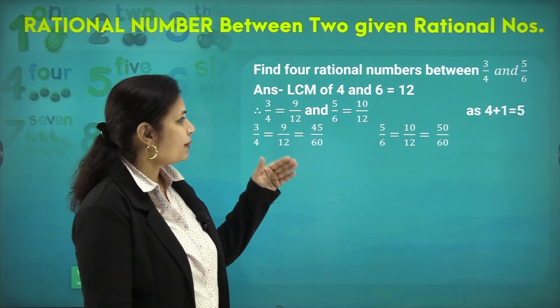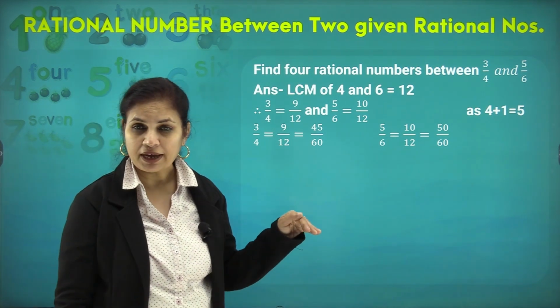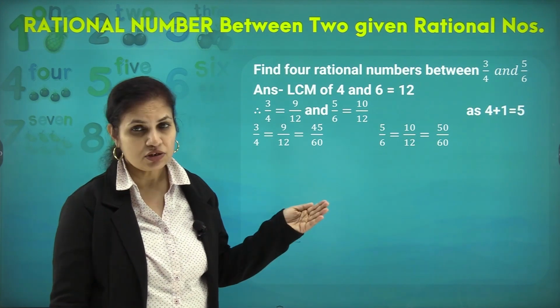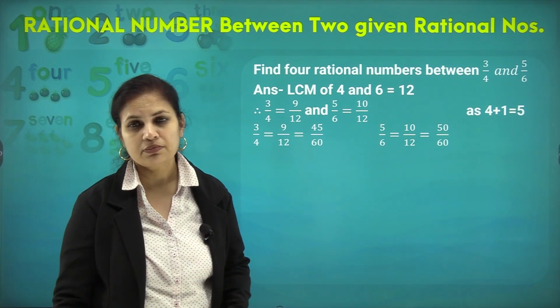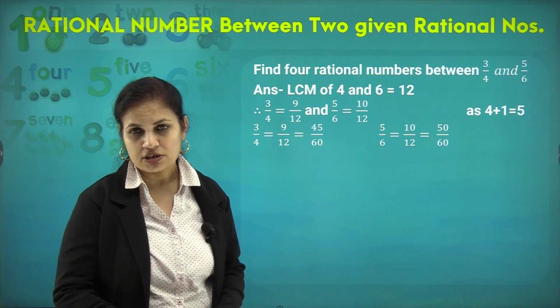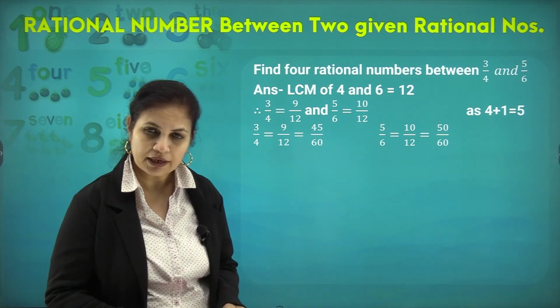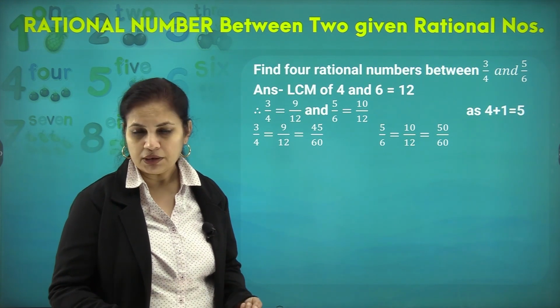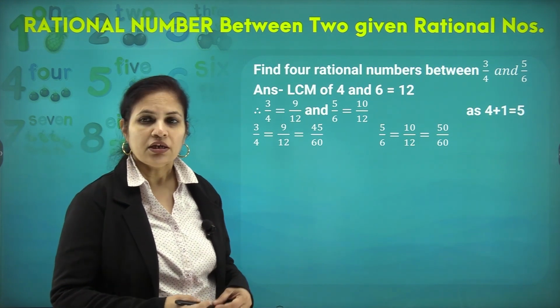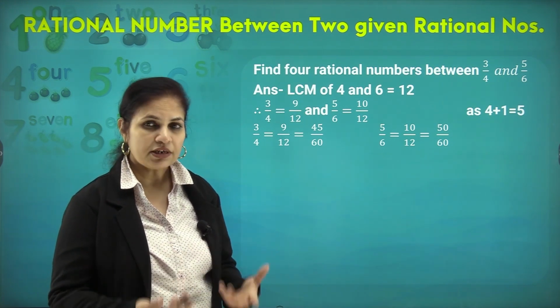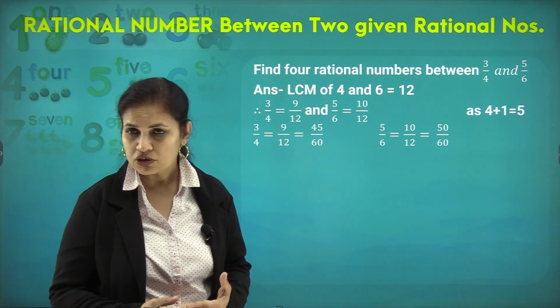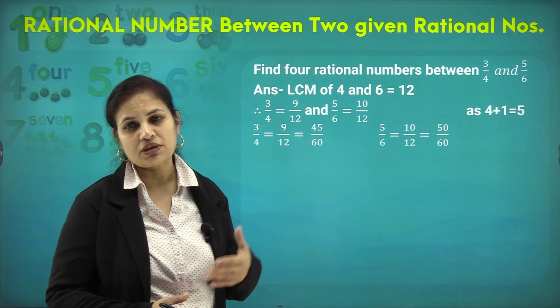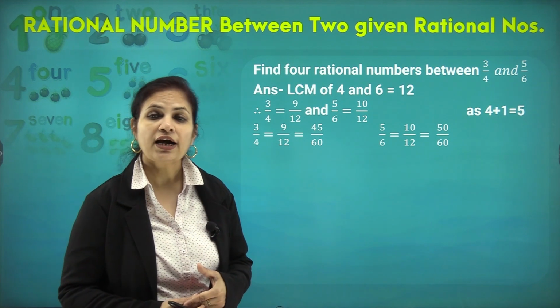If I am multiplying the denominator, I have to multiply the numerator by the same number as well, to keep the value of the fraction unchanged.